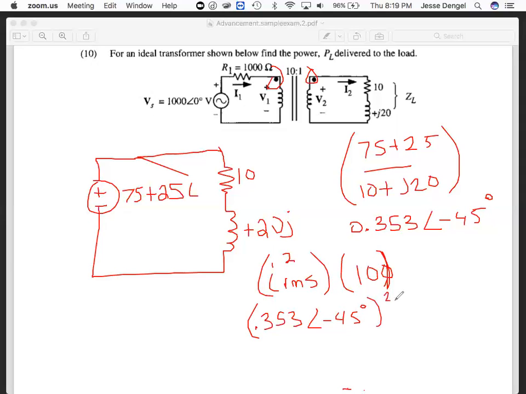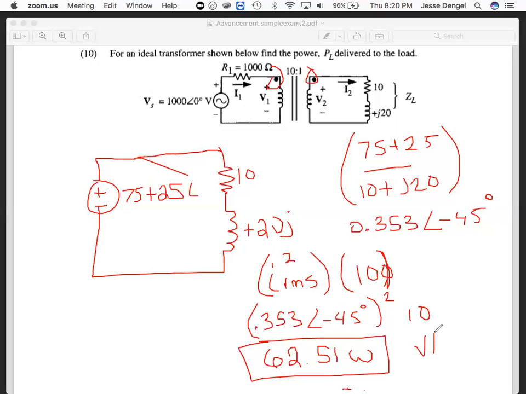And like I said, because it's power, we only care about the real part. So then we get our answer of approximately 62.51 watts. If it was looking for the complex power, it would be a similar answer, but in VAs. But we are looking for the power.